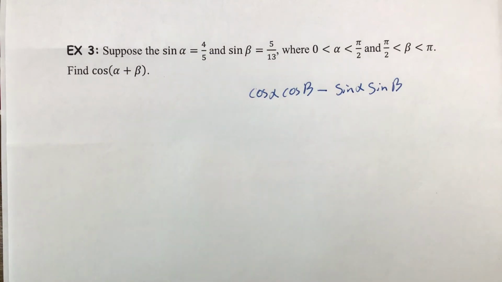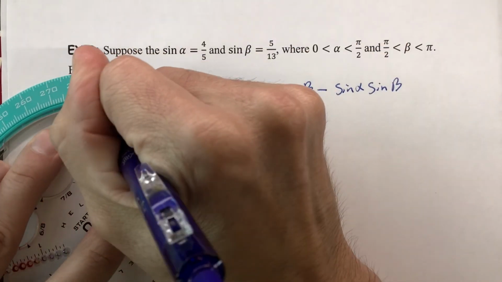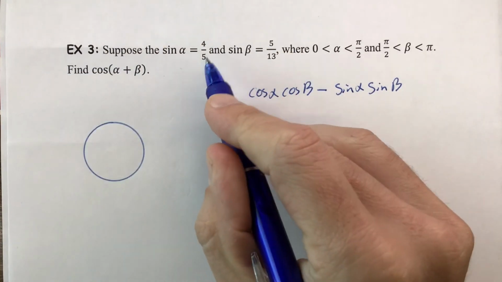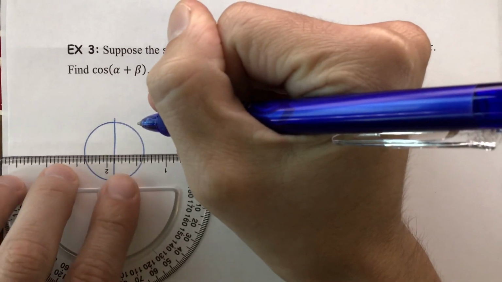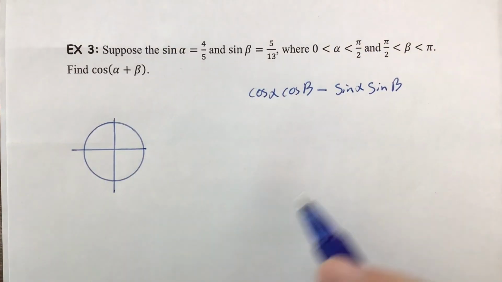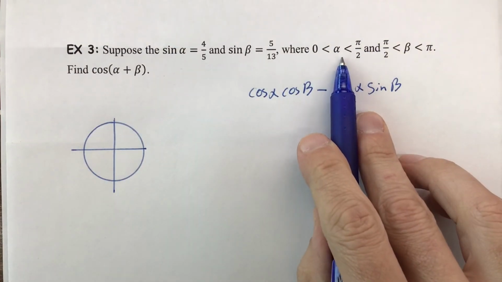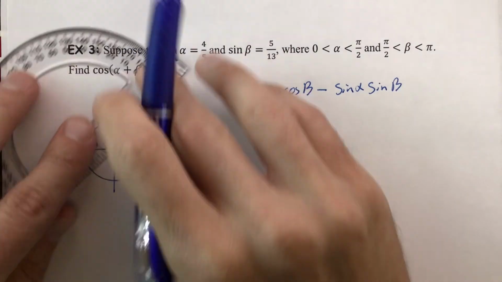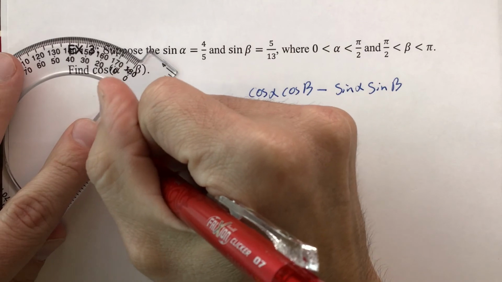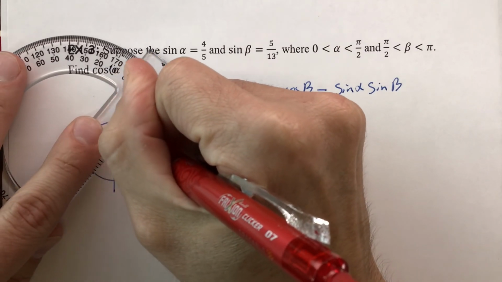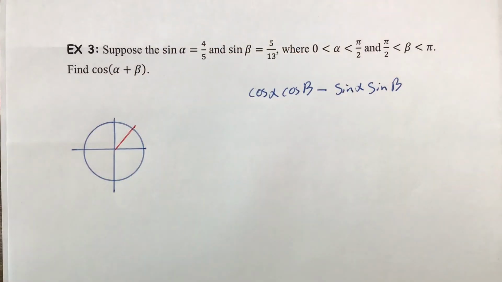So I'm going to draw a picture of a circle that can represent those numbers. Remember that alpha is going to be a quadrant 1 angle. I'm not going to worry about exactly how it's positioned. I'm just going to draw it out here in quadrant 1.